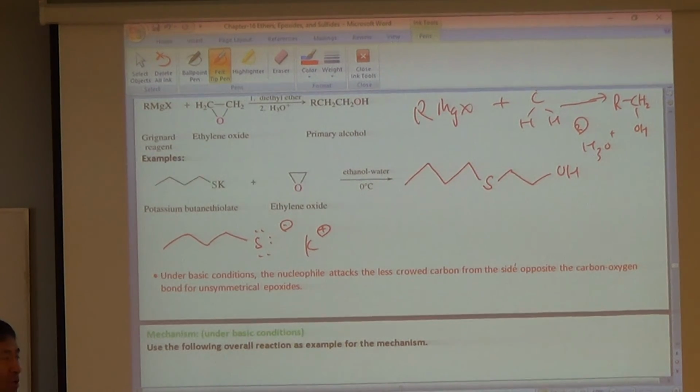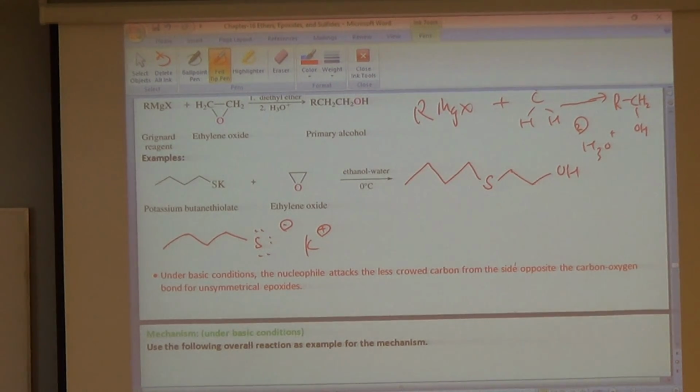So I briefly looked at the homework for Chapter 16, and you will see a lot of those reactions. Even though there are many reactions, the patterns are similar. If you identify your nucleophile is an anion in basic condition, and if you have a choice, just attack the carbon that has fewer substituents in the epoxide.